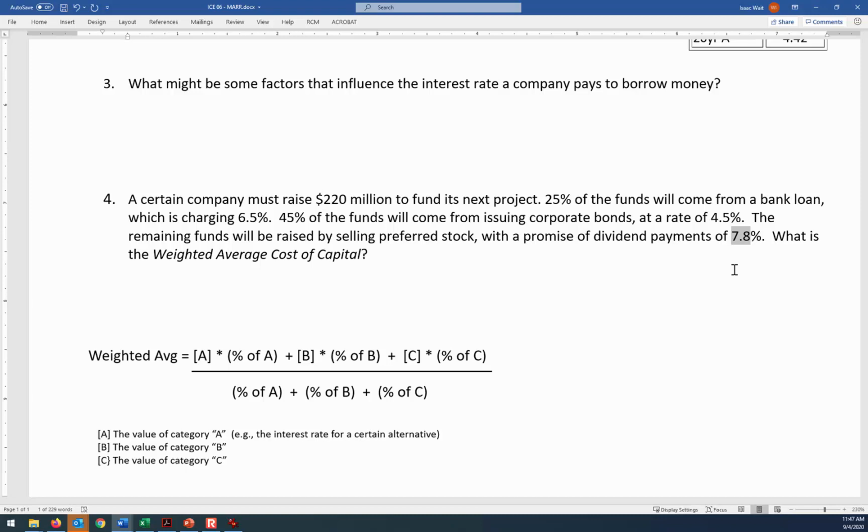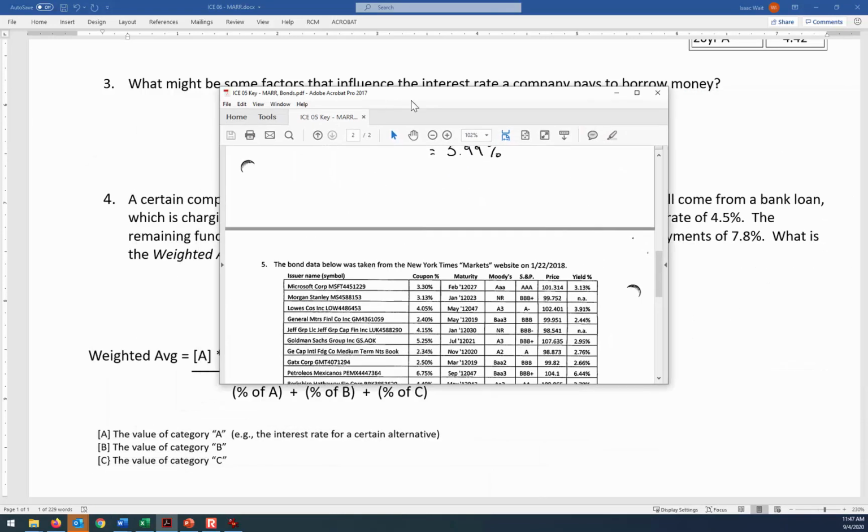A simple average would be to add together 6.5, 4.5, 7.8 and divide by 3. But that wouldn't take into account how much money you got from each of the sources. So, because we're running low on time, let me bring the solution up on the screen and show you both of these.